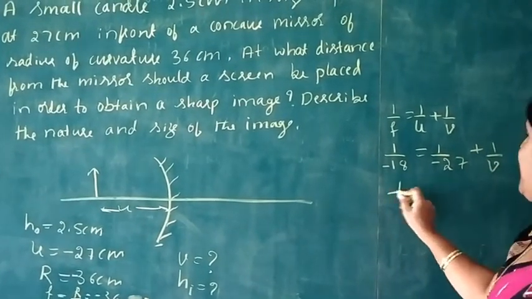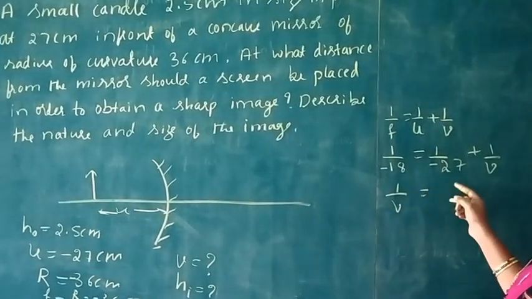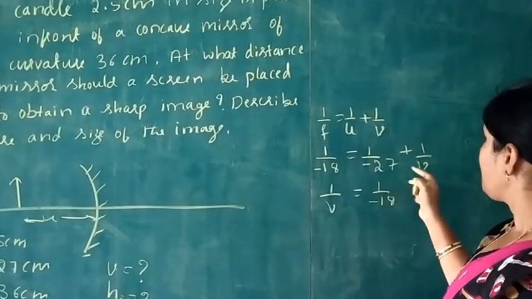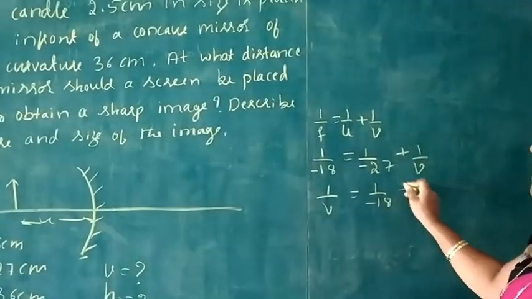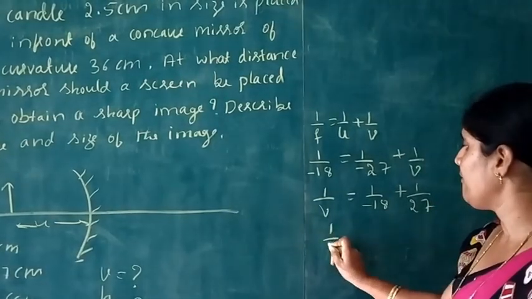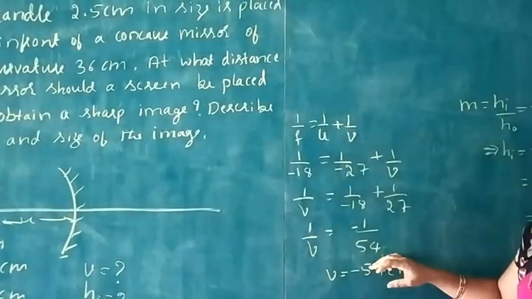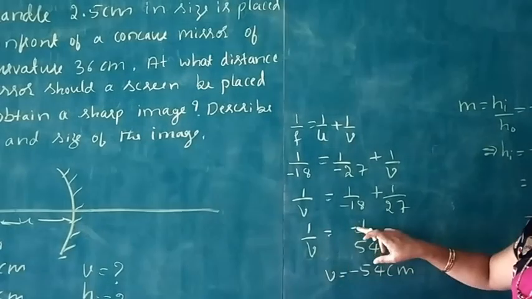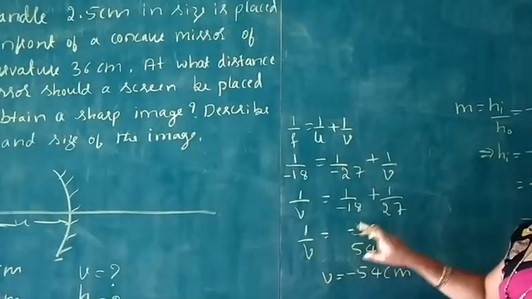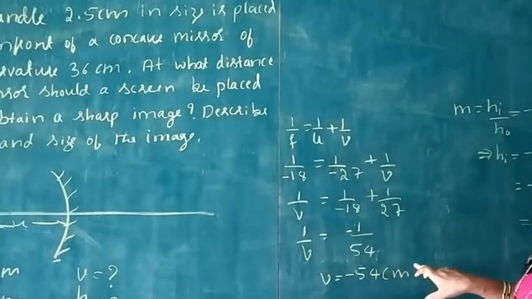So 1 by v is equal to 1 by minus 18, and this 1 by minus 27 becomes plus 1 by 27. We will get 1 by v is equal to minus 1 by 54. We will get v is equal to minus 54 centimeter.